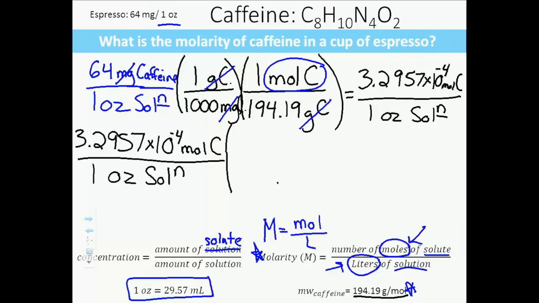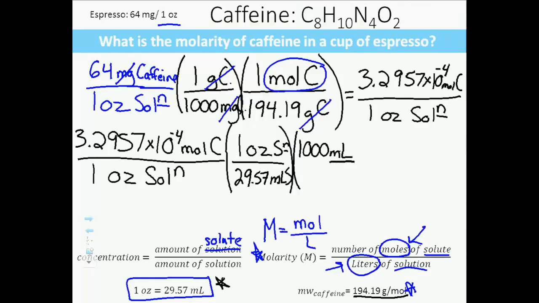We don't have a conversion that's to liters, but we do have one that converts us to milliliters. So for every 1 ounce, we have 29.57 milliliters. And notice this is for our solution, and this is also for our solution. Then we're not there yet. We need to go from milliliters to liters. So remember, 1,000 milliliters for every 1 liter of solution.